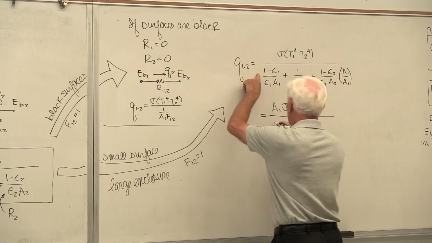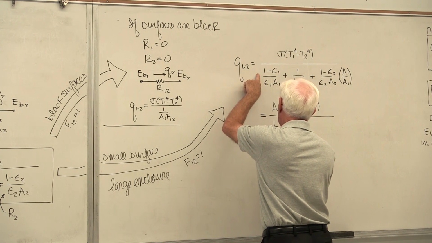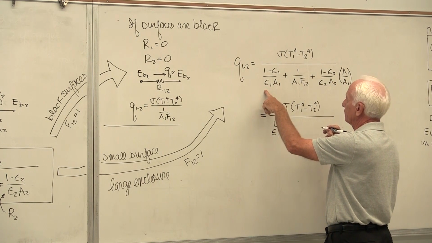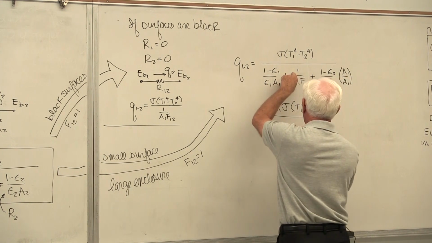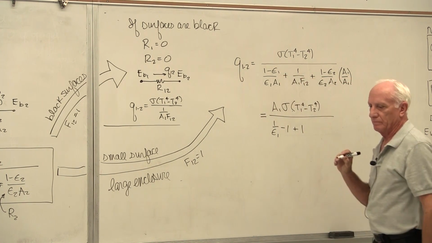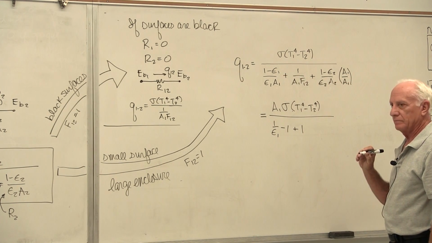Okay, 1 over epsilon 1 minus epsilon 1 over epsilon 1, plus 1 over F12. F12 is 1. 1 over 1 is 1.